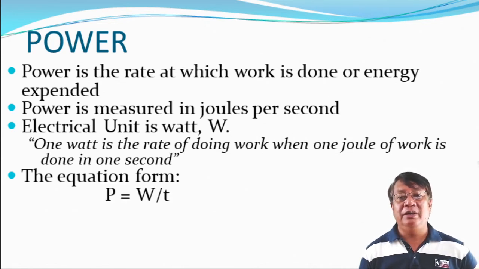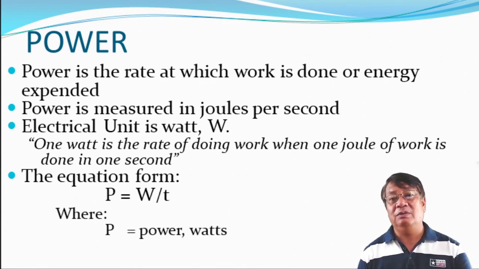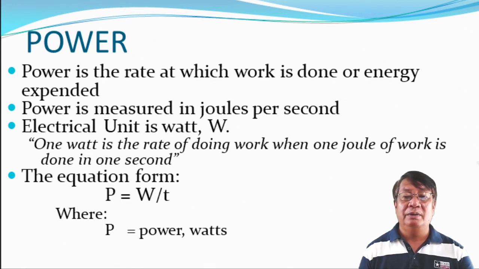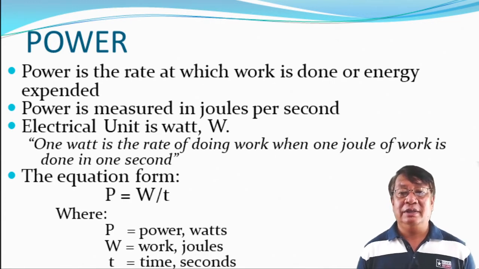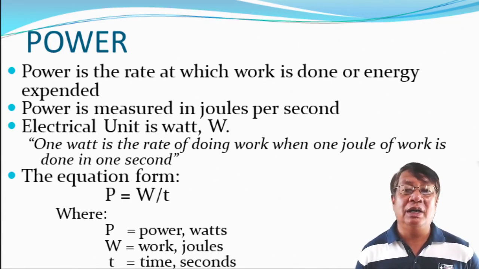Your P, your power, is equal to your work done per unit time, or per unit seconds. Okay, so we have this formula: P is equal to W over T, where P is your power in watts, W is work in joules, and T is time in seconds. Okay, so that is the formula for solving electric power.